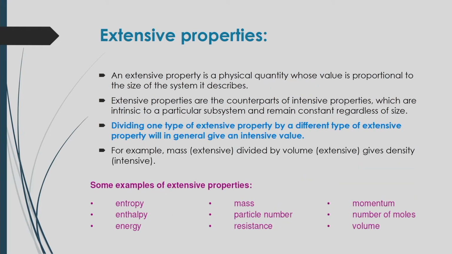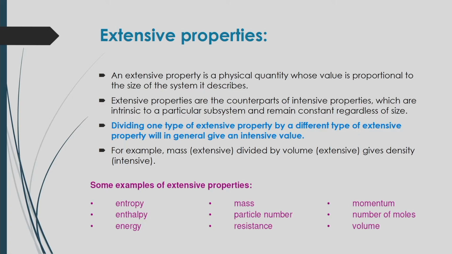intensive properties. What are extensive properties? An extensive property is a physical quantity whose value is proportional to the size of the system it describes. Now, in this case these properties are actually the counterparts of intensive properties, which are intrinsic to a particular subsystem and remain constant regardless of their size.